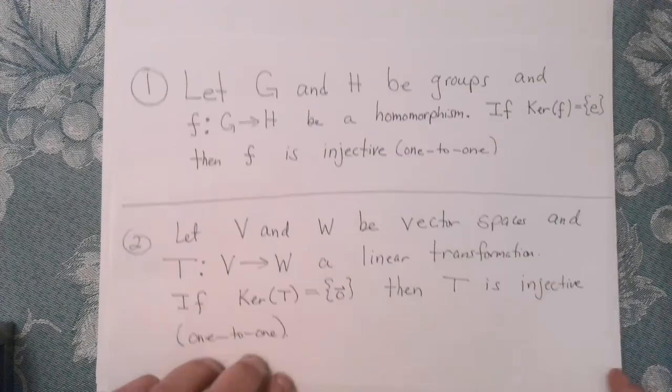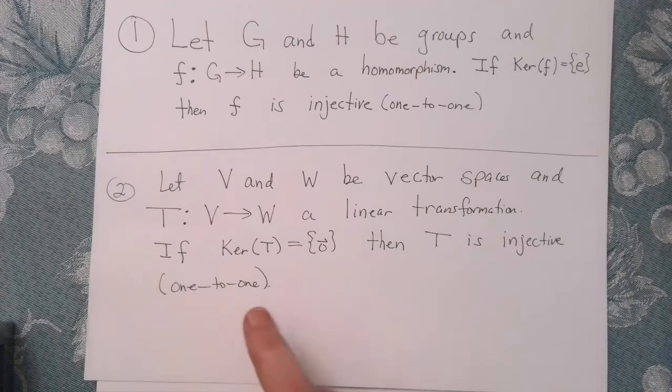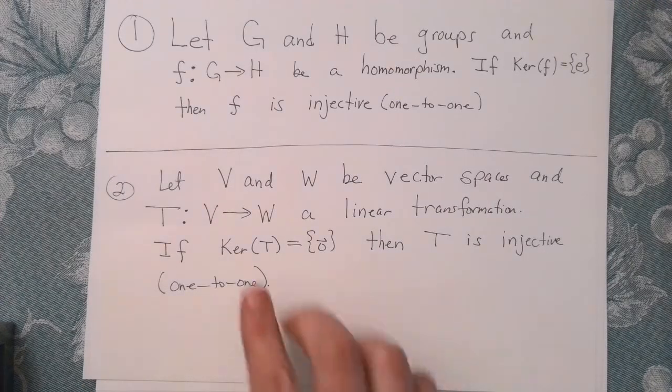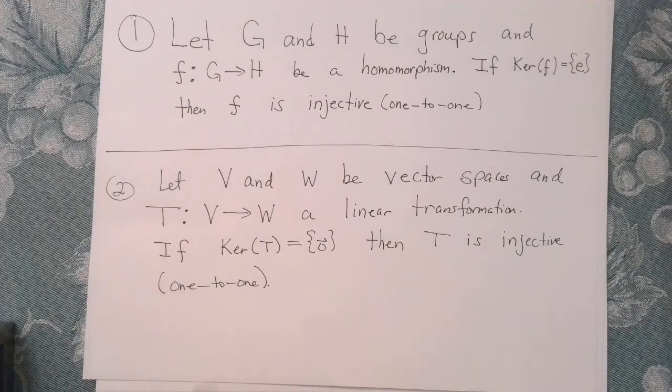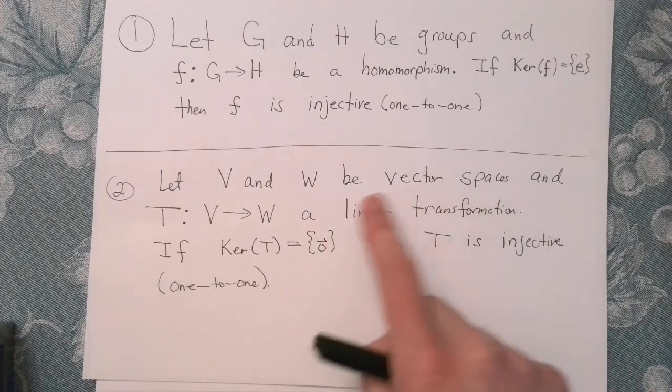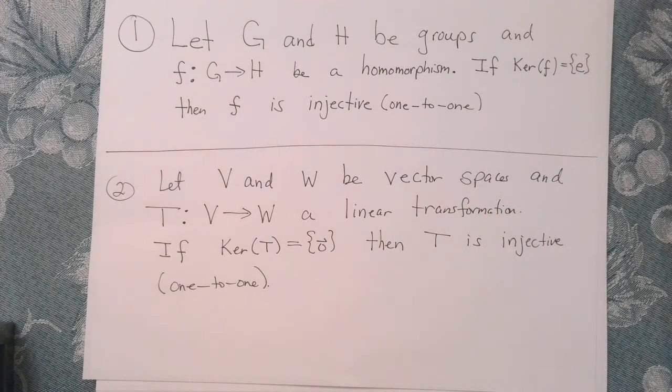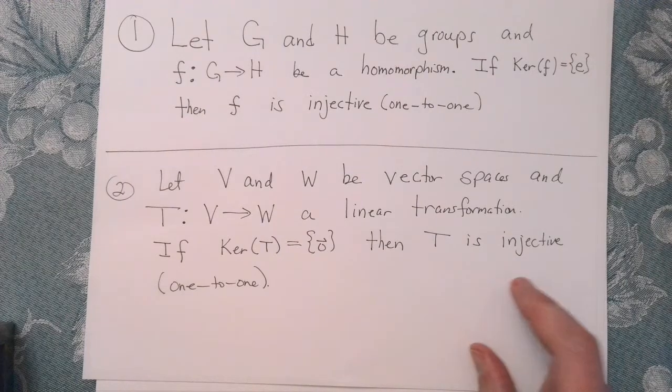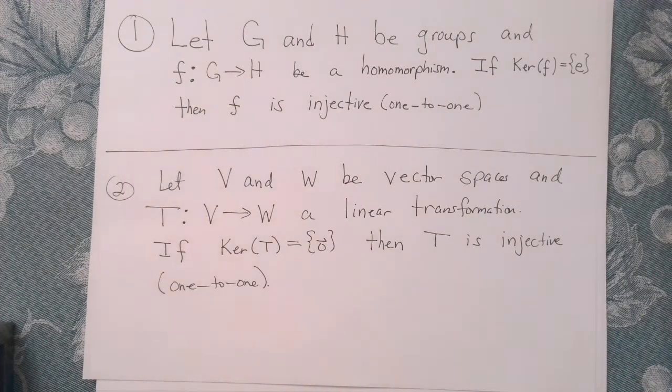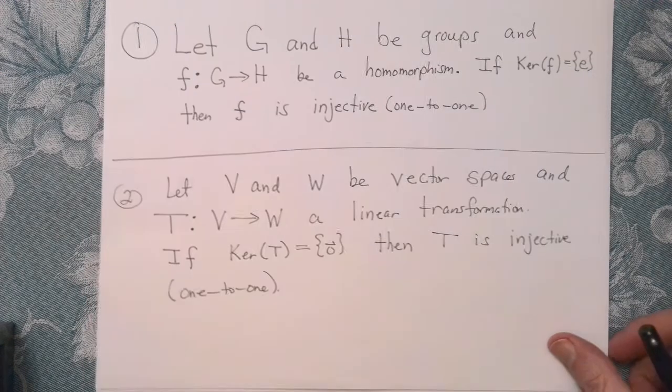You should see these hats, really. Okay, so this is what we want to work with now. So we're working with vector spaces, properties of linear transformations, and we're keeping the definition of injectivity in mind. All right, let's do this. Let's prove it.